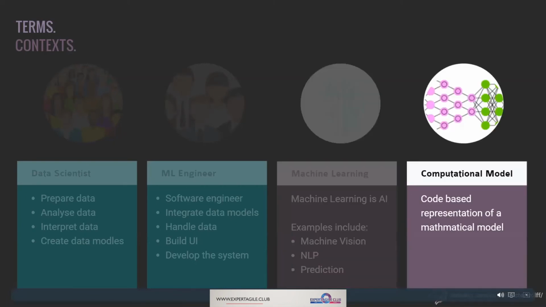Next, we have the computational model. Now, a computational model is the part where the machine interprets and learns. In fact, it is the intelligence part of artificial intelligence. Technically, a model is a code-based representation of a mathematical model that is used to interpret complex nonlinear systems. It can often be thought of really as a network of micro decisions that, when all those decisions are taken together, delivers a single conclusion with a certain level of confidence.